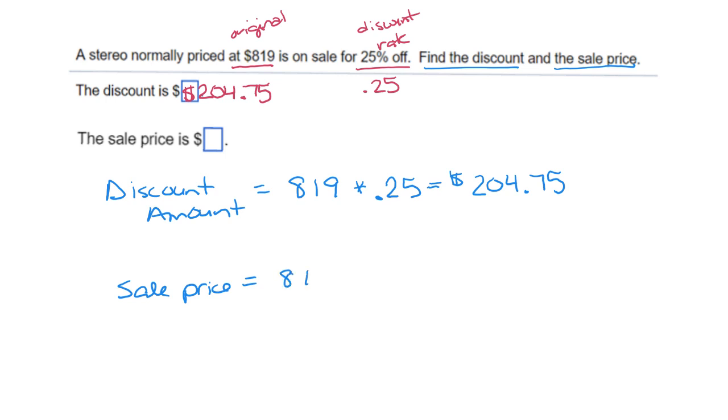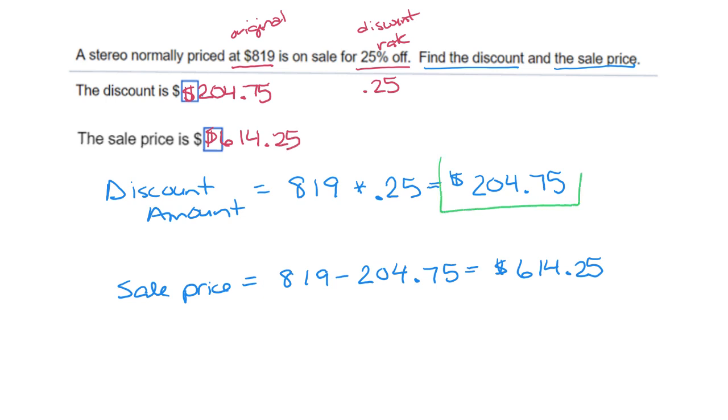So we have $819 minus the discount amount, and our sale price will be $614.25. Remember, this is discount, and we subtract the discount from the original price to get the sale price.